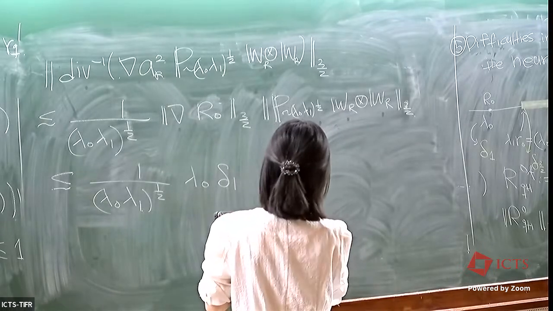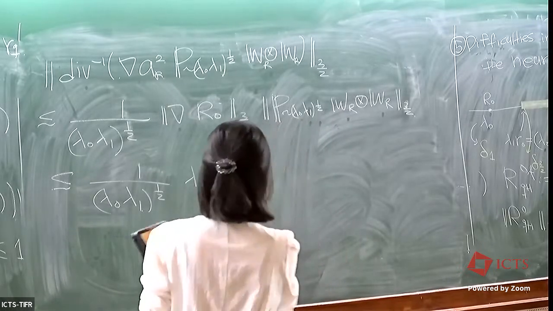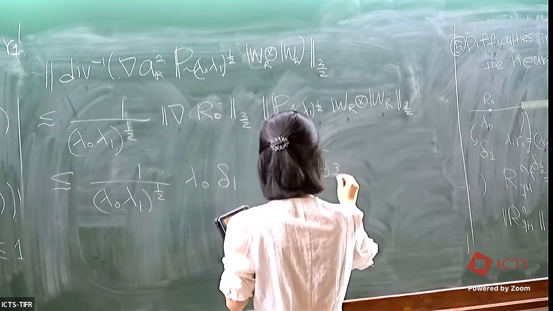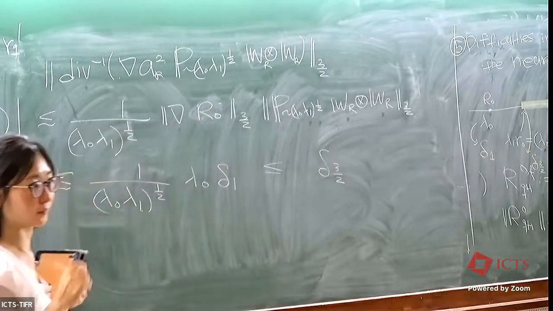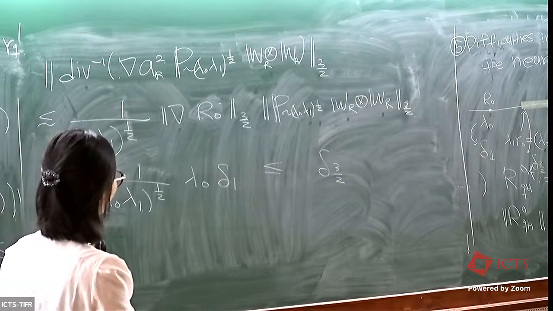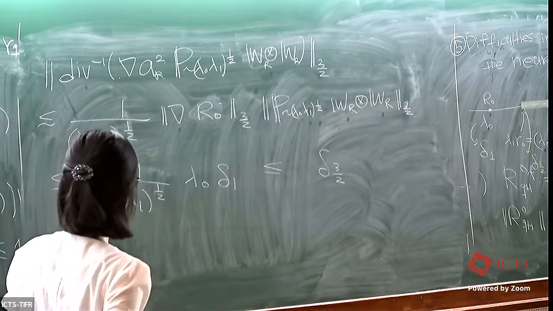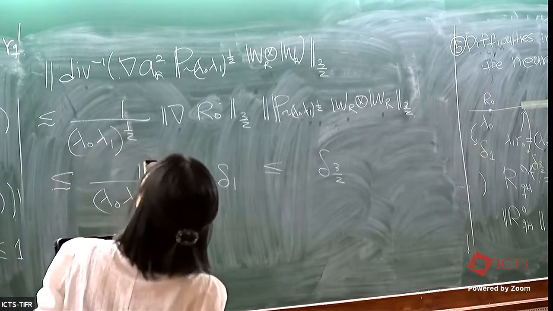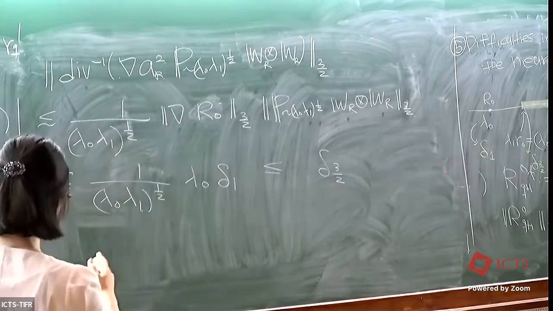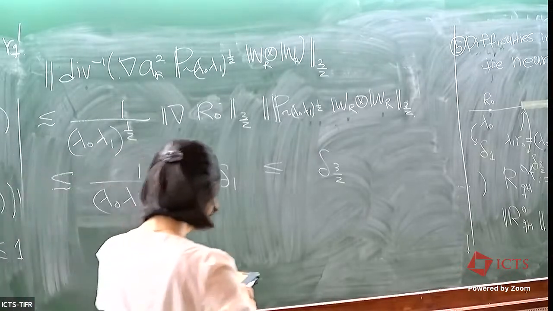So this is all. And then we want to show this is less than delta 3/2. I will skip the computation. If you do, you can see why this is.